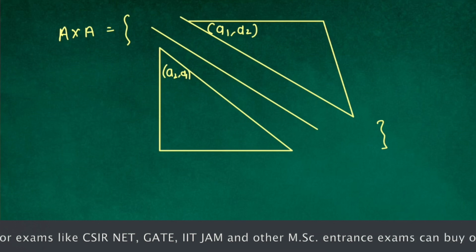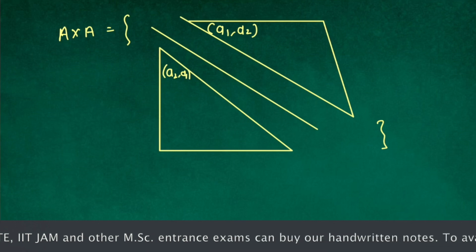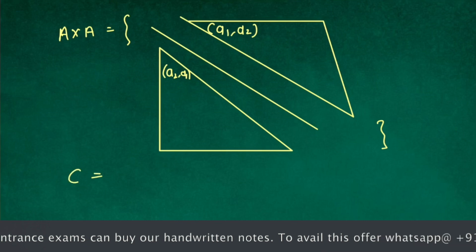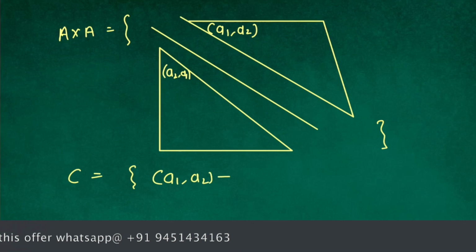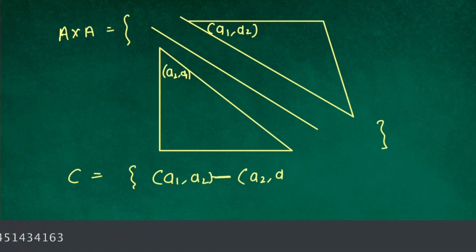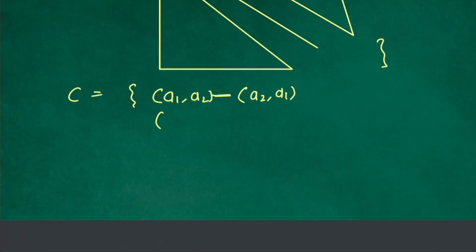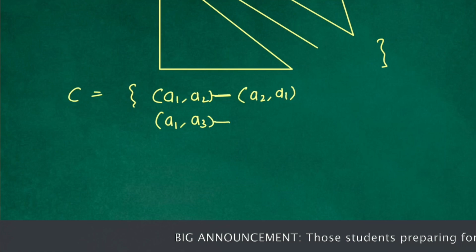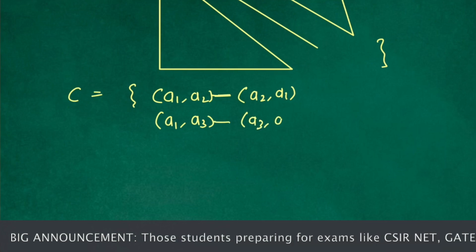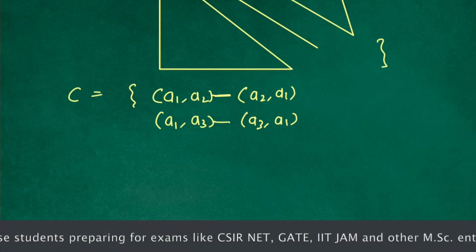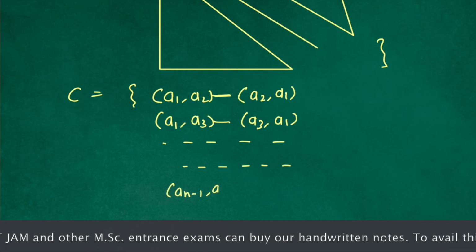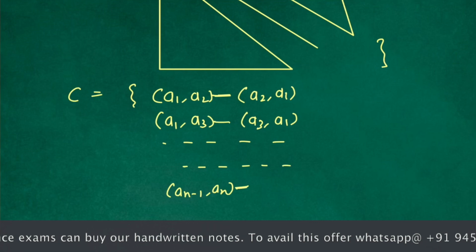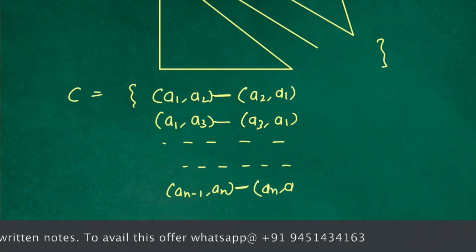Now let's form a set C which contains elements of type (A1, A2), and corresponding to this element we will have (A2, A1). Similarly, we'll have (A1, A3), and corresponding to it in the lower diagonal (A3, A1). So this set contains such elements, up to (An minus 1, An), corresponding to which we have (An, An minus 1).